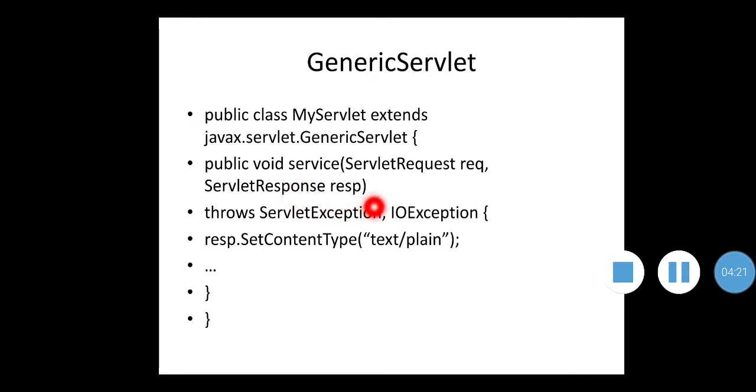Here in GenericServlet, all the methods have to throw the ServletException in order to handle the exceptions created while using the servlet, and also if there is a chance for any IO exceptions, we have to throw IOException. In general, the content type will be text/plain. That is, the plain format of the text is set as the content type in the response.